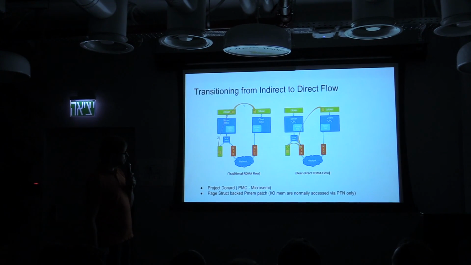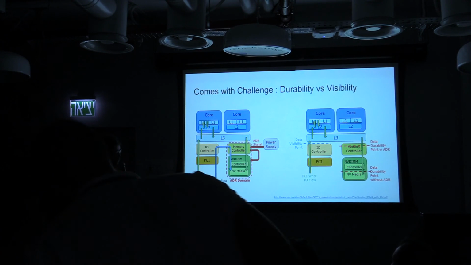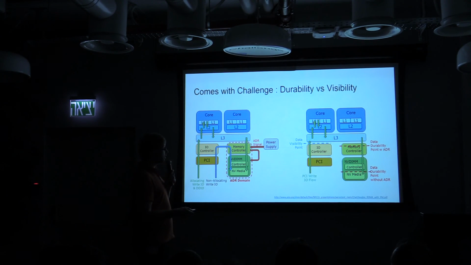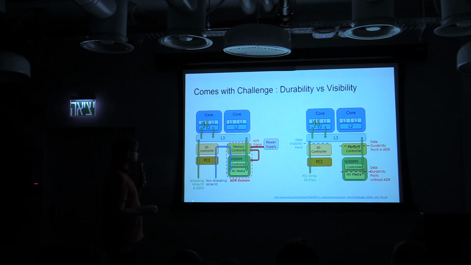However, you always have a challenge of durability with persistent memory. Since you're dealing with cache lines and all that, you have a problem making sure it's actually durable when you're doing your RDMA write, and then the visibility issue. You have two options when doing your remote RDMA write to PMEM.